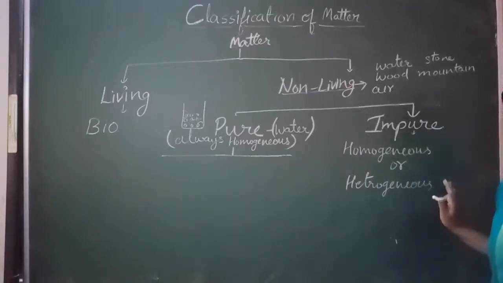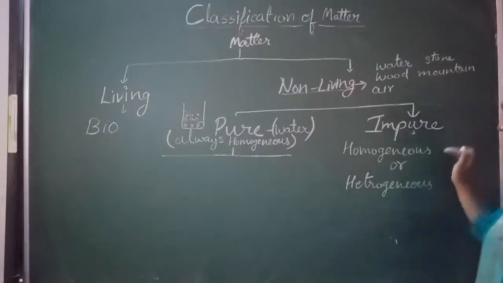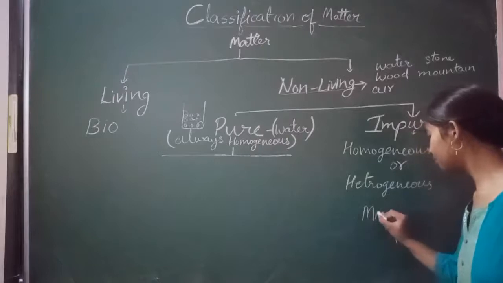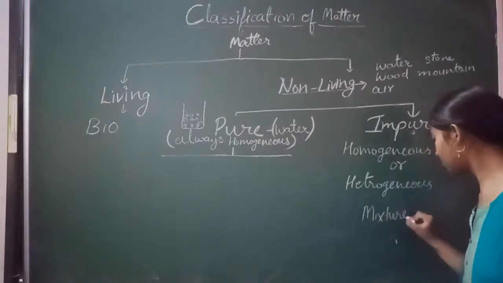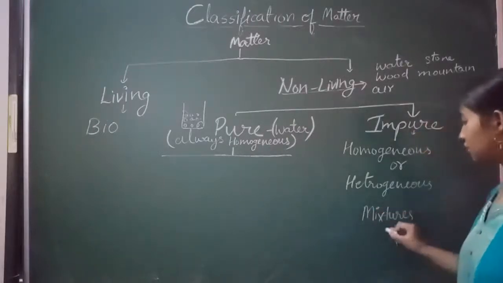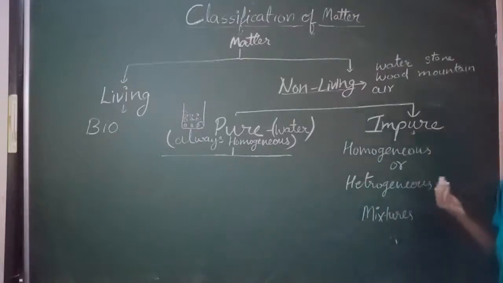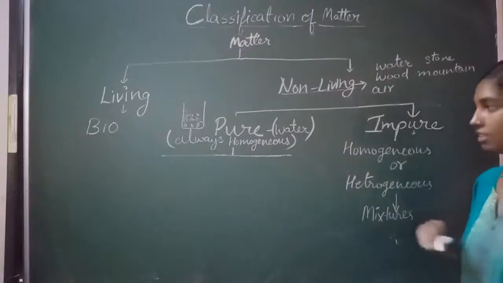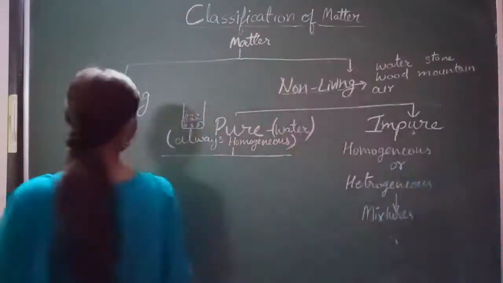It depends on the kind of mixture. So this impure substance we are studying under the heading of mixture. A mixture is a kind of homogeneous or a kind of heterogeneous.